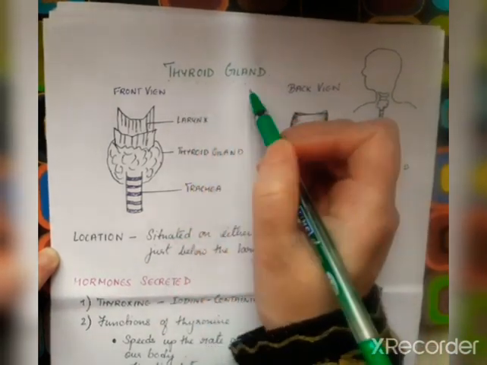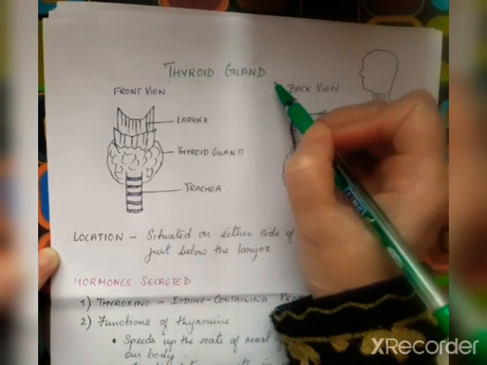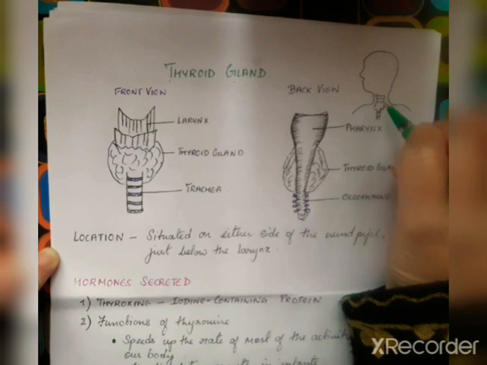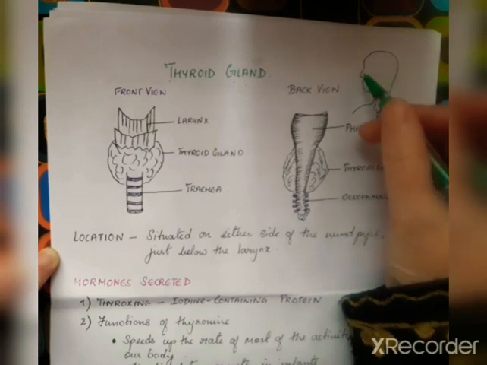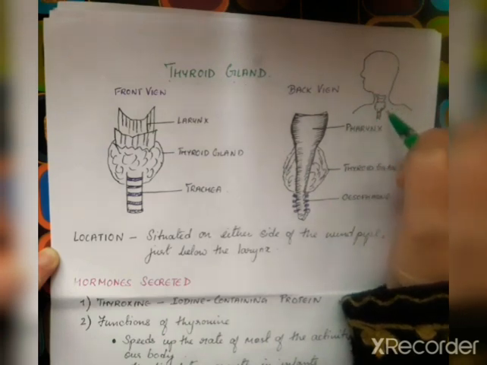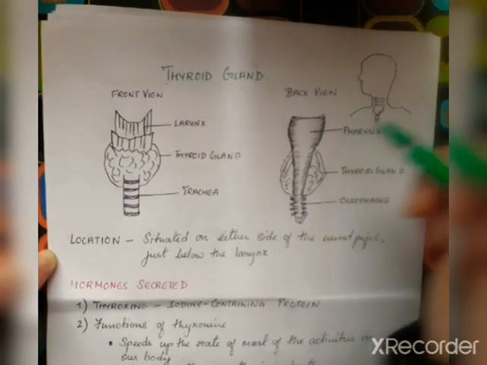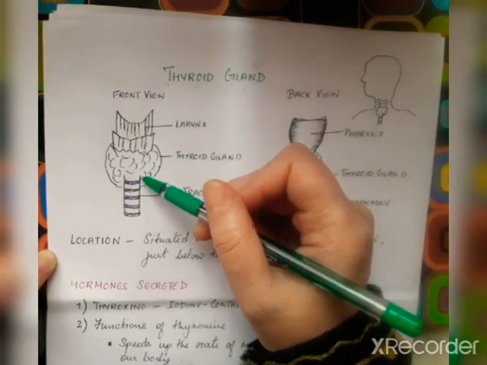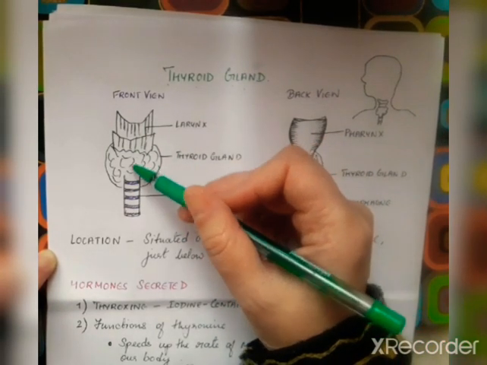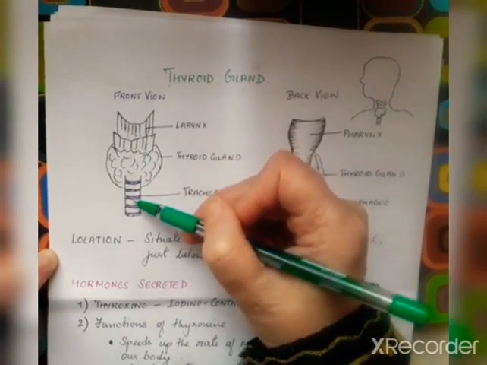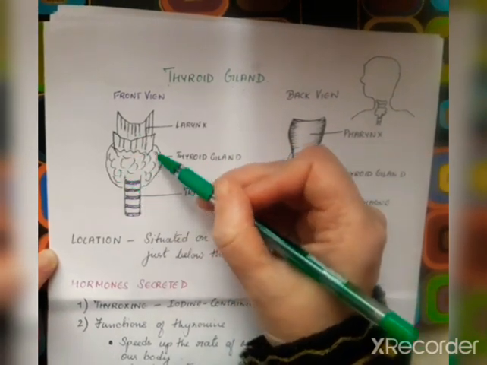So for the thyroid gland, first we will just learn the location. Here I have drawn a figure. It is located on either side of the windpipe. This trachea here I have drawn is known as the windpipe. So it is located like this.